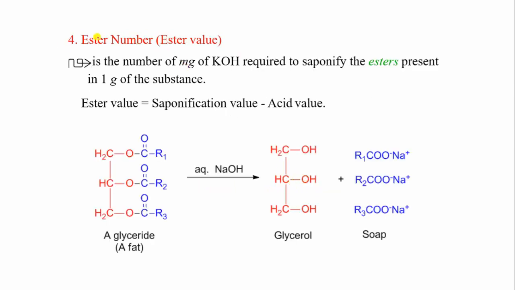Now next is the ester number. It is also known as ester value. Ester value is the number of milligrams of KOH required to saponify the esters present in 1 gram of substance. So ester value is equal to saponification value minus acid value.